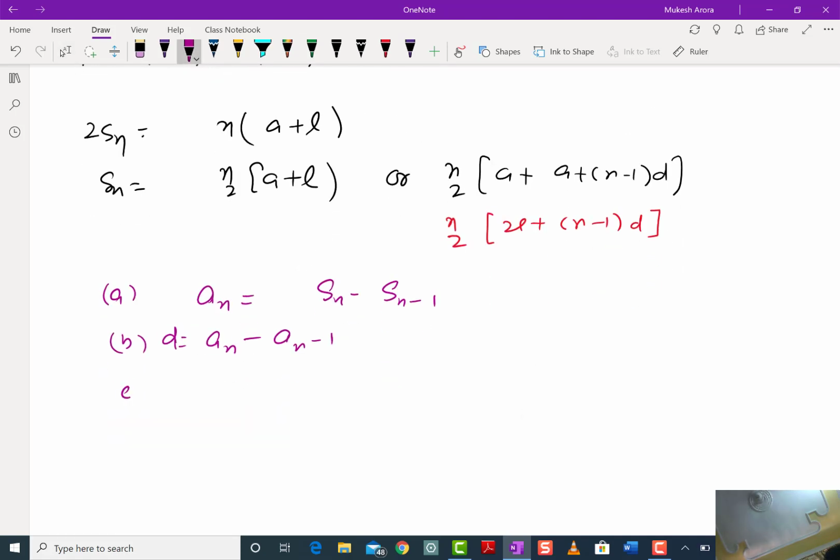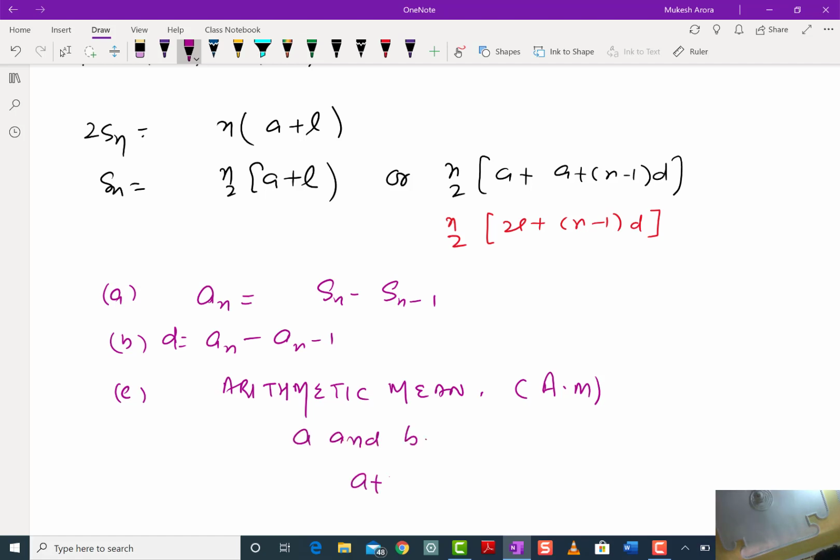And arithmetic mean, that is called AM. The arithmetic mean between two numbers a and b will be equal to a plus b by 2.